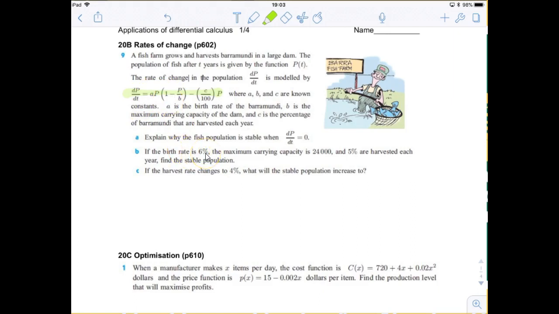The birth rate is A, so A is 6%. Maximum carrying capacity, which is B, is 24,000. And C, which is the percentage that are harvested, is 5. Okay, so based on that, find the stable population.